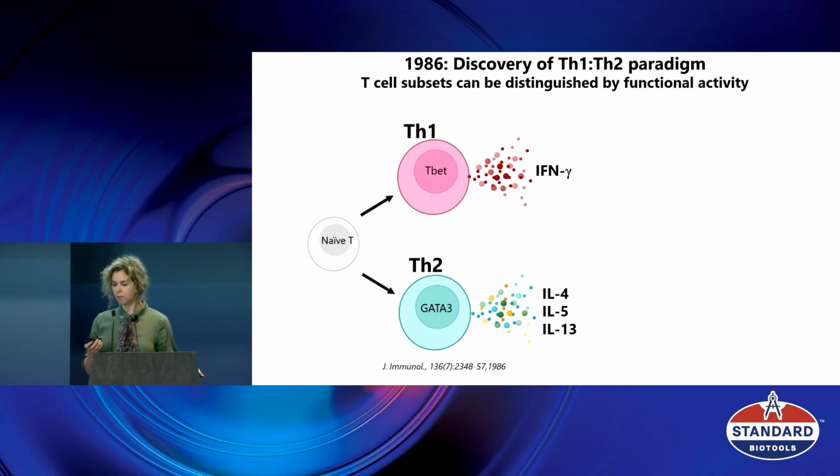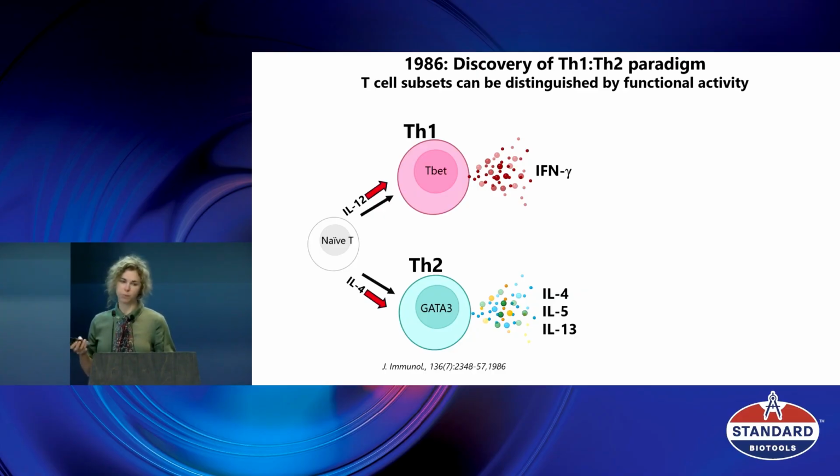So the T cells can differentiate into Th1 or Th2 functional phenotypes depending on the cytokine environment and other microenvironment factors around them. If they're subjected to IL-12, they would differentiate into the Th1 arm, and IL-4 into the Th2 arm. I mean, this is all history, everybody knows that now.